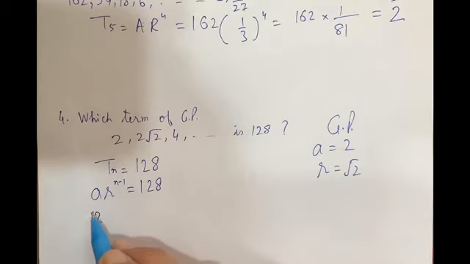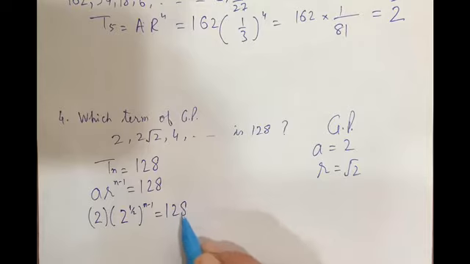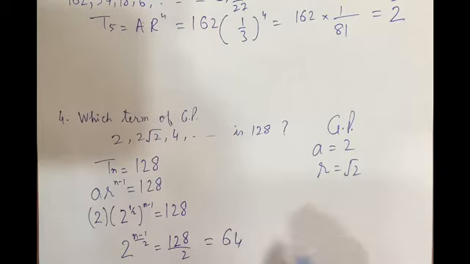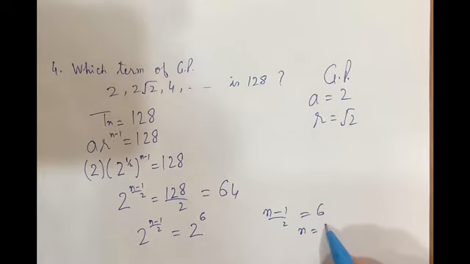Substituting values of A and R, 2 raised to, this is 1 by 2, n minus 1, this is 128. This is 2 raised to n minus 1 by 2 is equal to 128 upon 2, that is 64. And this means 2 raised to n minus 1 by 2 is equal to 2 raised to 6. Equating exponents, n is equal to 13. So this is the answer.